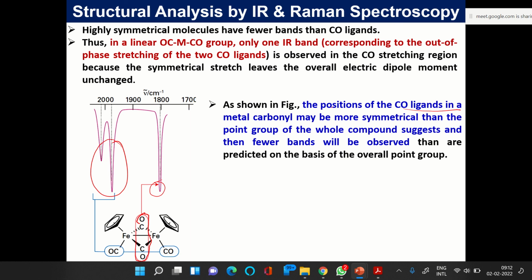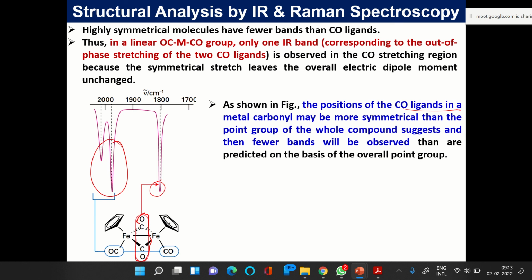So we are looking at the local symmetry within the molecule. The overall symmetry of the molecule: it is a big molecule, right? Two metal atoms combined with cyclopentadienyl ligands, then you have four CO molecules. Overall it is highly asymmetric, and we can expect a large number of bands to appear.